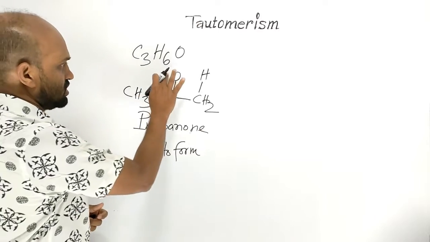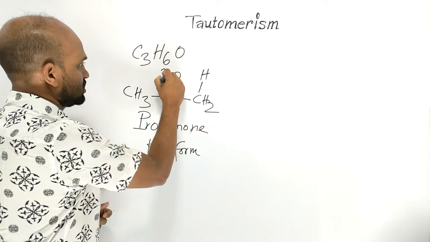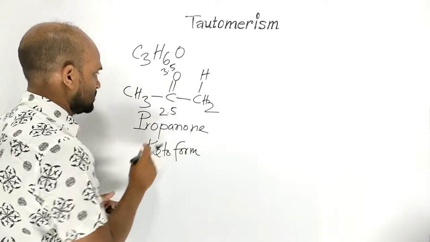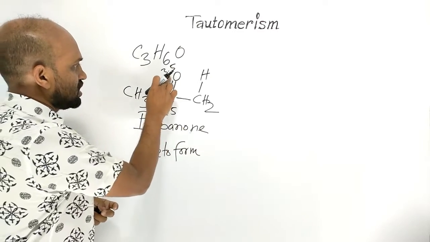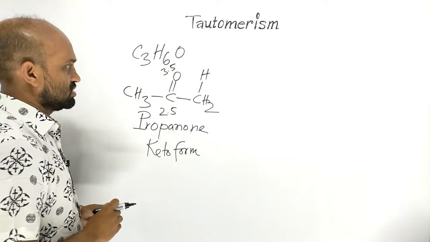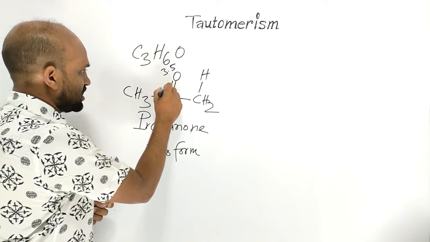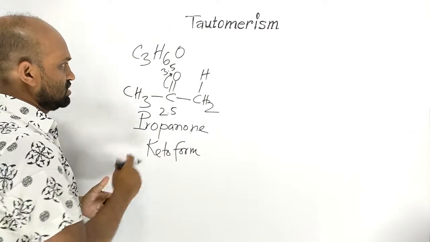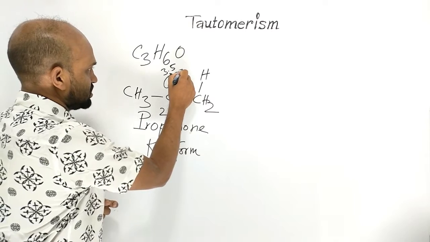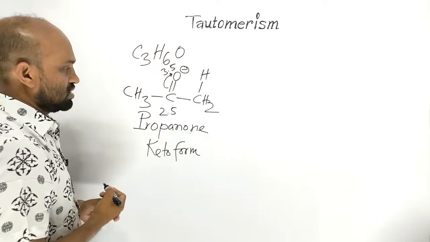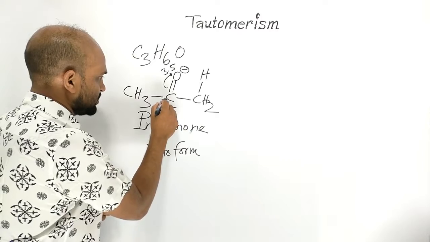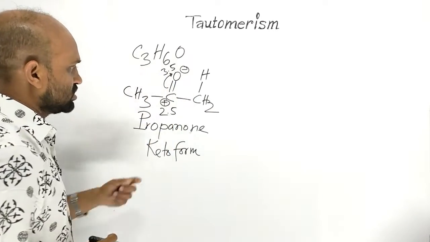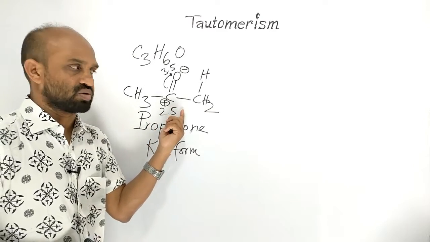Here electronegativity of oxygen is 3.5, carbon is 2.5. Because of the higher electronegativity of oxygen, pi bonded electrons move towards oxygen. Then oxygen becomes negatively charged and carbon becomes positively charged, and this carbon oxygen double bond becomes single bond.